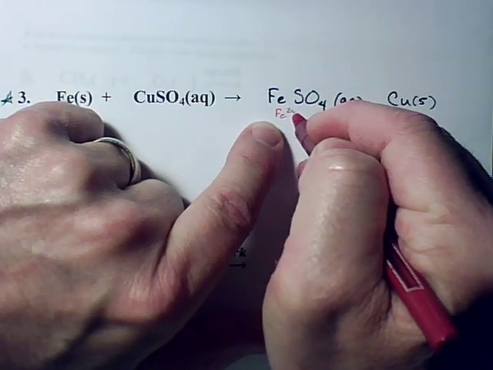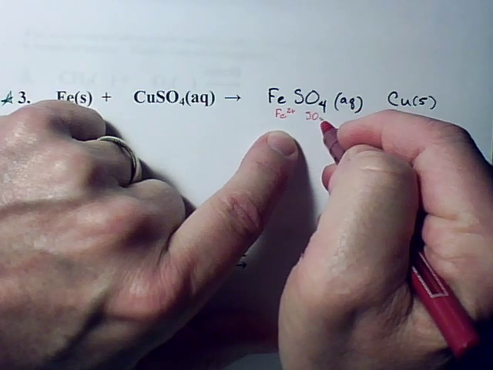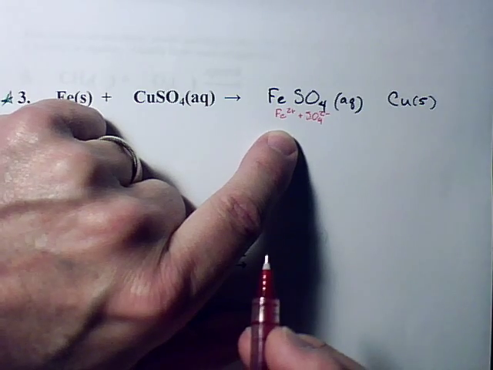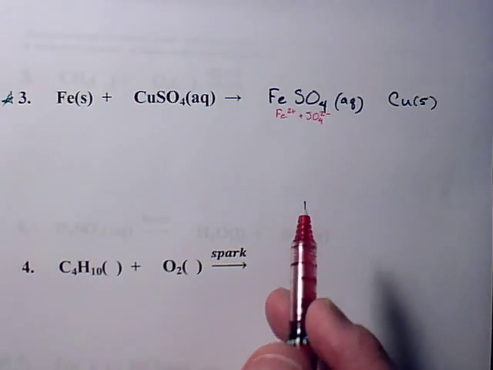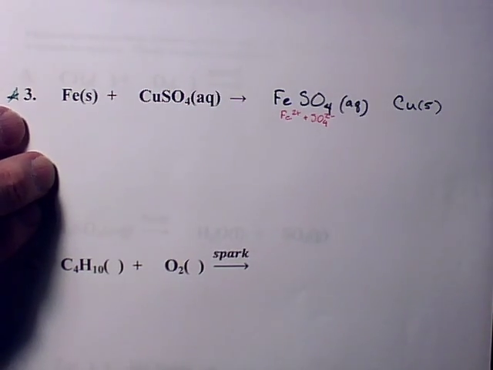If iron is 2 plus, and sulfate is going to be 2 negative, then this is balanced in that form. Okay? If that's the case, then we're ready to balance the equation. Let's hit the plus sign here.